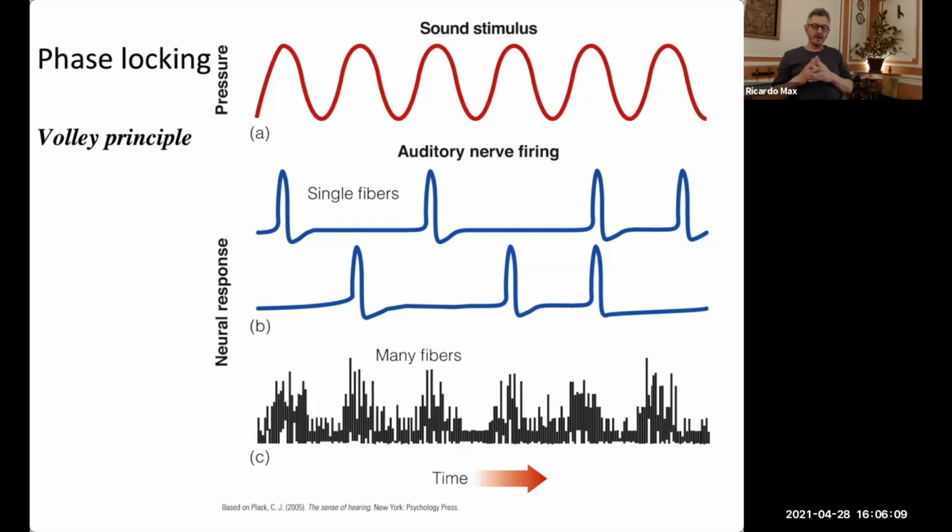That is, later neurons along the auditory pathway receive activity from many fibers that are connected to different hair cells at the same time. They are reacting at the same time to the same sound.